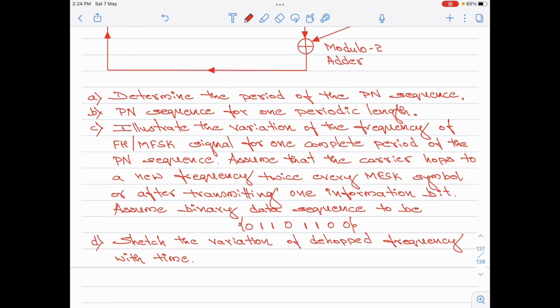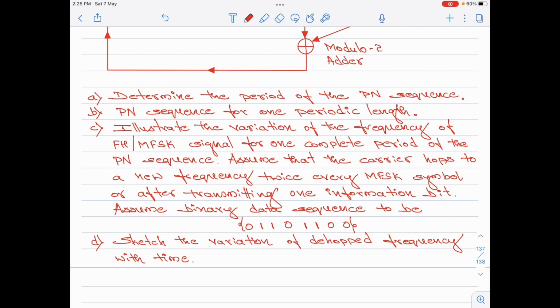Let us now look into what is being asked in this numerical. Part A of the question says, determine the period of the PN sequence. Part B, determine the PN sequence for one periodic length. Part C of the question says, illustrate the variation of the frequency of FH-MFSK signal for one complete period of the PN sequence.